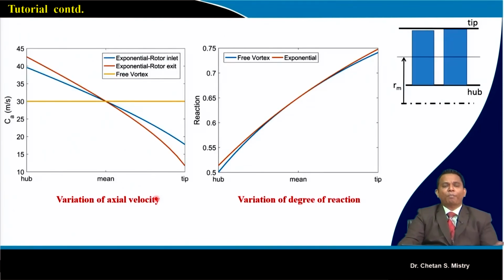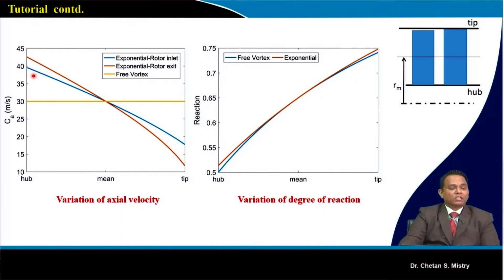So let's have a comparison of these two. This is representing along the span how axial velocity is varying. When we are considering free vortex design, my axial velocity is 30 meter per second, and that is constant throughout the span. Now in this case, if we are considering the exponential method, we are having variation of axial velocity at the entry as well as at the exit.